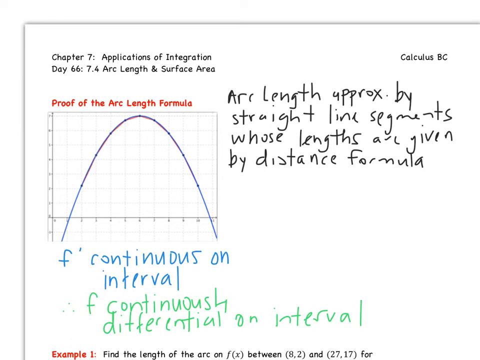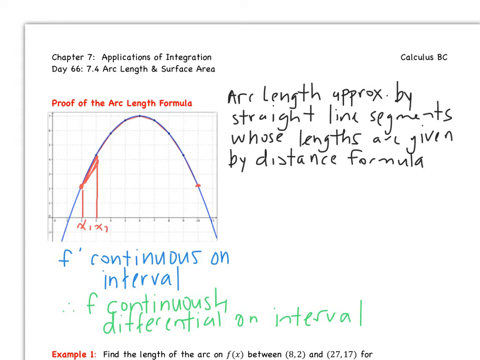Essentially, what we're doing to find this arc length is, if we are looking from a to b, you can see these approximations. If that's our x1 and this is our x2, we can find the distance between these and add up all these distances.